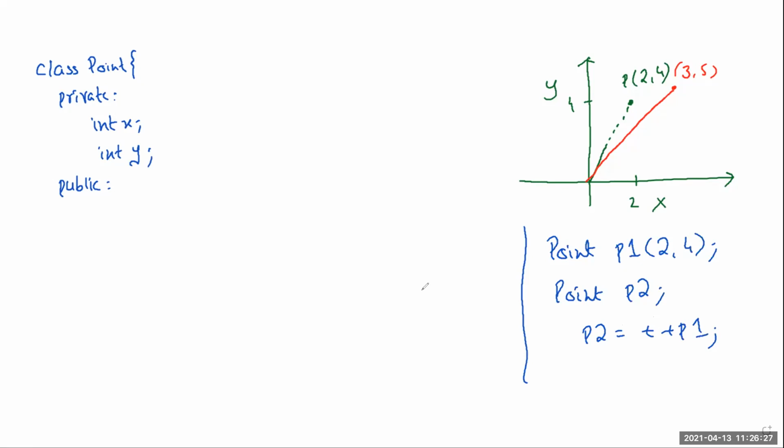So it means when we increment a point, the answer is also a point. Okay, so it means that the return type would be point. Then I write the keyword operator and symbol of the operator which I want to overload. No argument, so it is the prefix version.